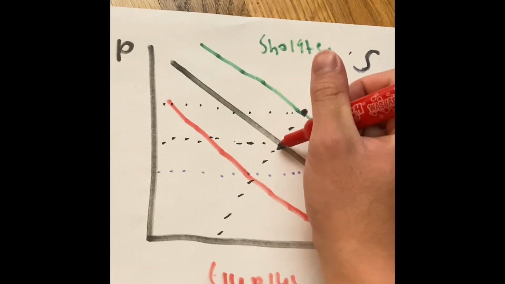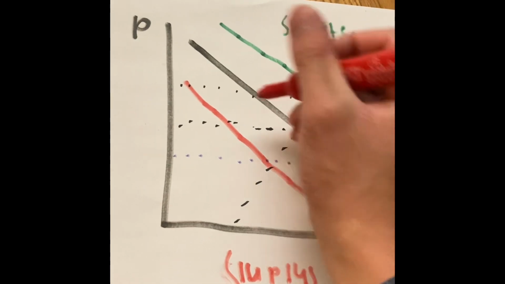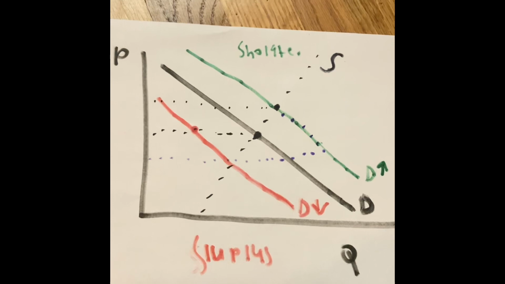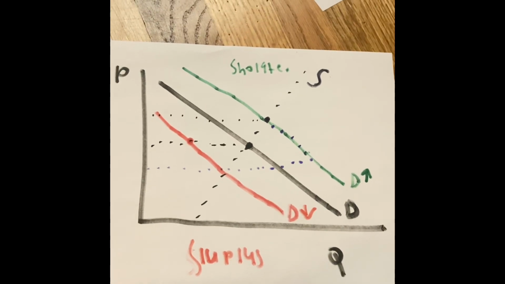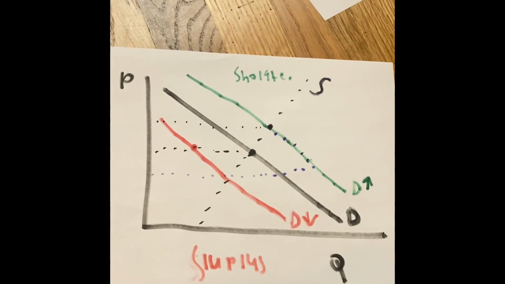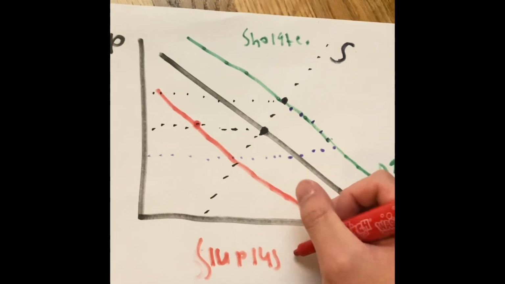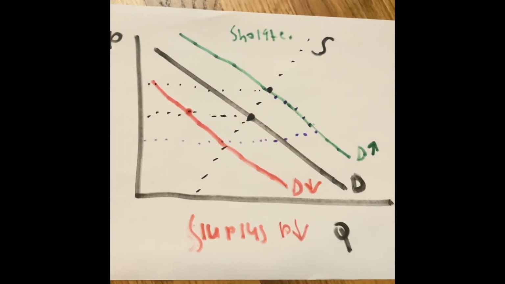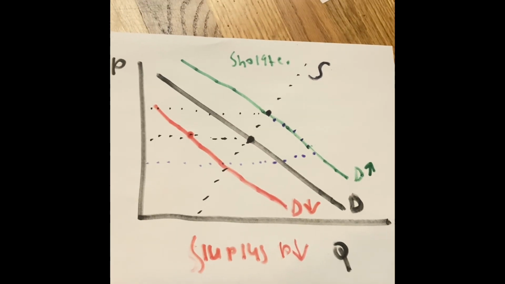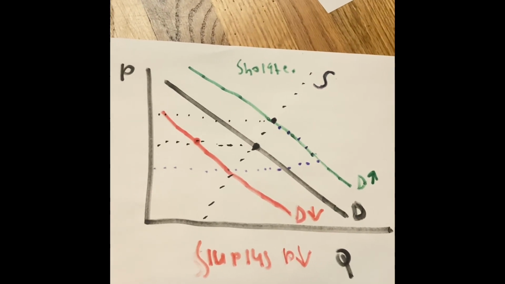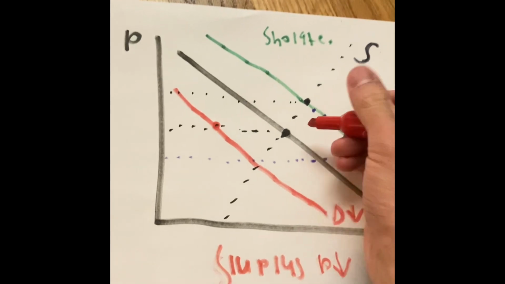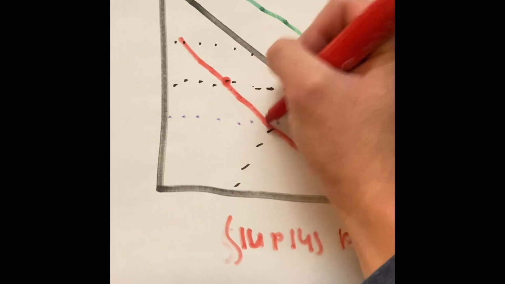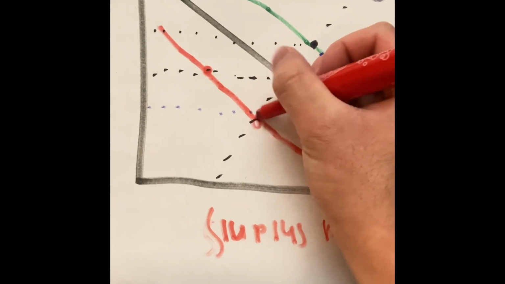If this was our original equilibrium, then our new equilibrium would be right around here. So the only way to increase the demand back up is to lower the prices. We want to lower the prices so people are willing to actually come into our stores and buy the stuff that we want to sell. The only way to do that is to decrease the price to our new equilibrium.